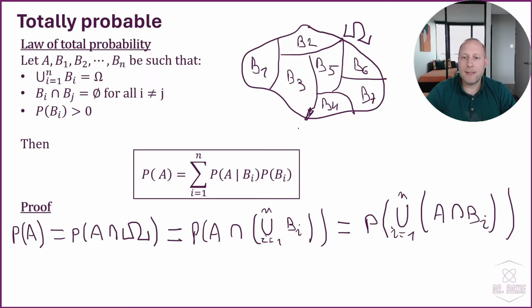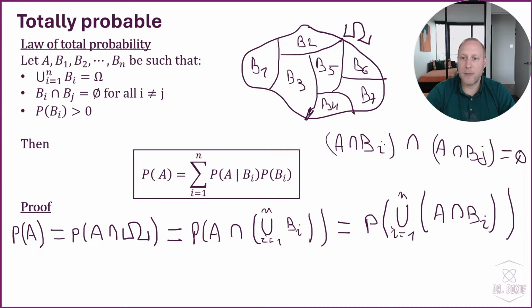And now notice that if I take i and j to be different, because Bi and Bj are disjoint, it is also true that the intersection of A with Bi and the intersection of A with Bj are also disjoint, because Bi and Bj don't have anything in common.